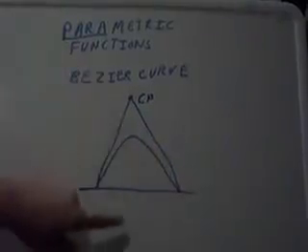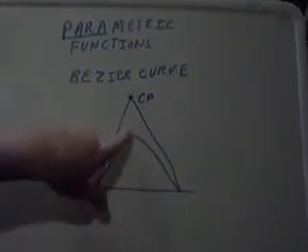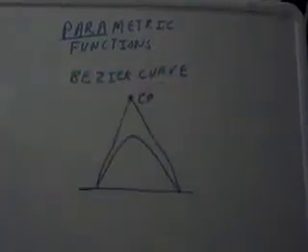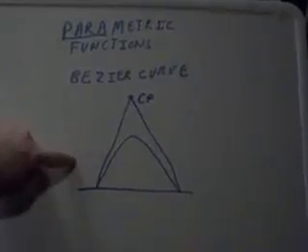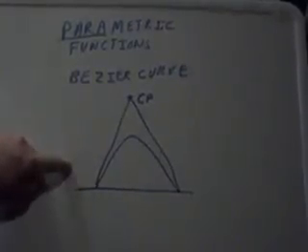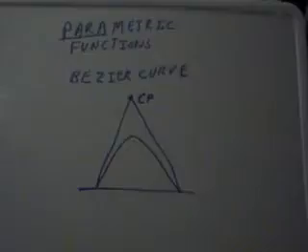So this control point not only controls how far out the curve is, but how wide the curve is too. And that's why I had to present this. This is the way that curves are drawn in SVG. Now I will definitely give a better example of this in my next SVG presentation.